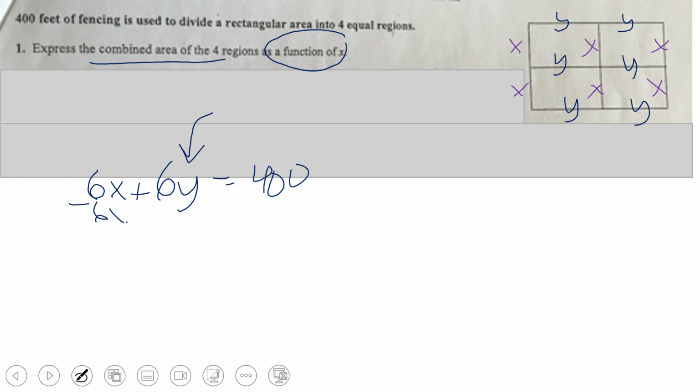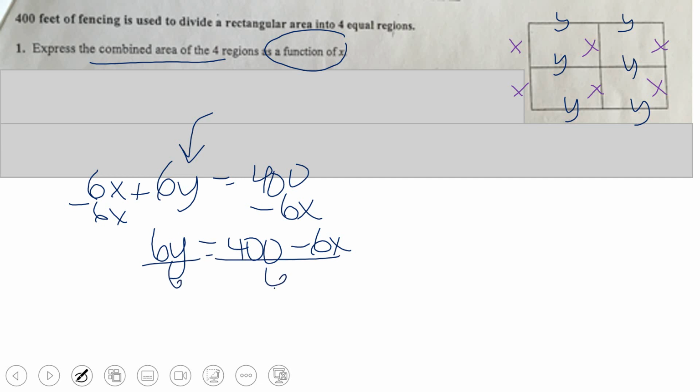So I'm going to subtract 6x to the opposite side, and I have 6y equals 400 minus 6x. Now divide by 6, and I have y equals 400 over 6 minus 6 over 6x. So the 6 needs to be shared with the 400 and also with the 6.